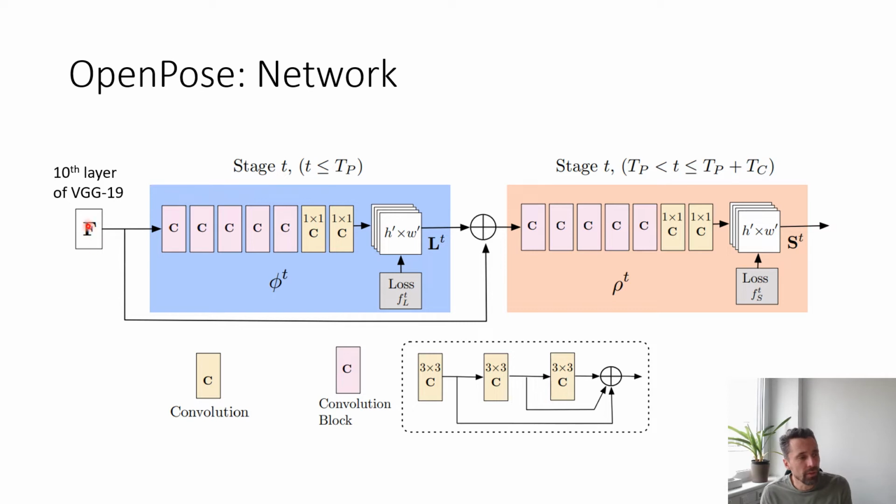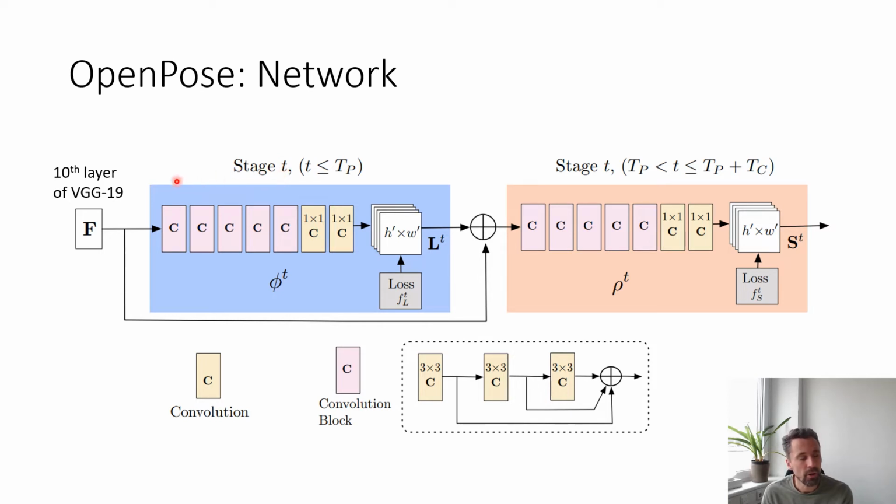Now, with that representation F, we feed that into a network that's called Phi, and it comes with a number t that corresponds to the stage.